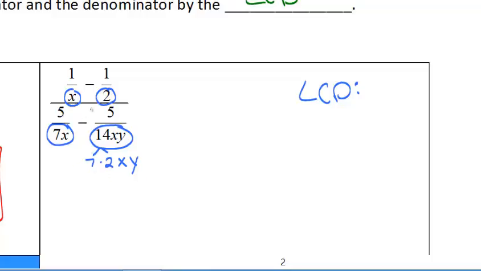It looks like I have 7 as a unique base, 2, an x, and a y. What is the highest exponent 7 has? Well, 7 to the 1. The highest exponent of 2 is 2 to the 1. The highest exponent of x is x to the 1 and y to the 1. So my LCD is just 14xy.